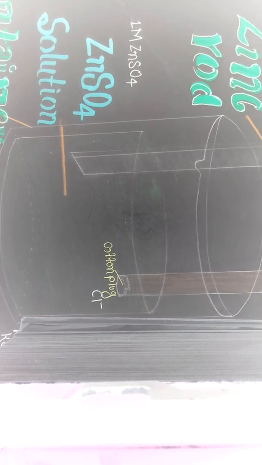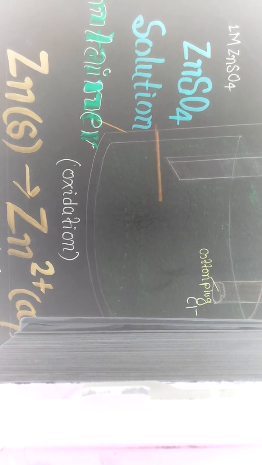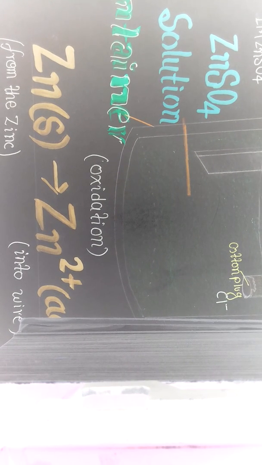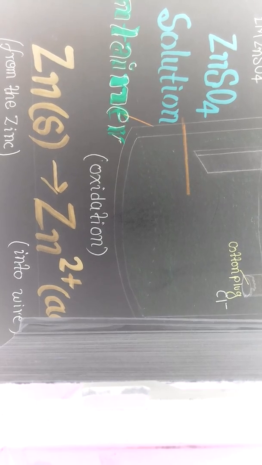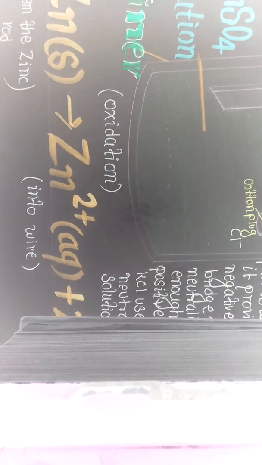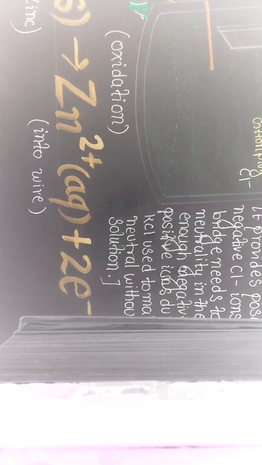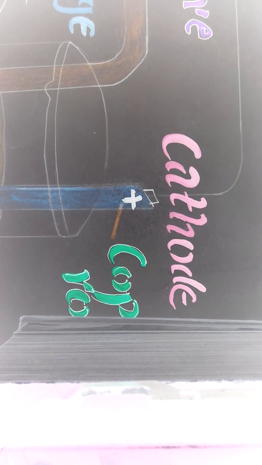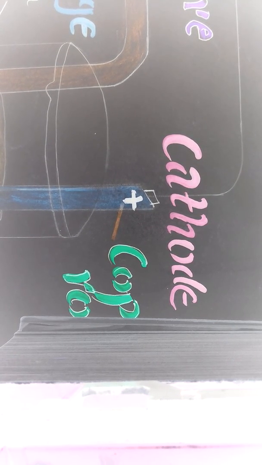At the anode there is oxidation, and the reaction of oxidation is Zn solid gives Zn2+ aqueous plus 2e-. In the case of the copper electrode, we can see from the diagram, this is the cathode, and at the cathode there is a positive charge.